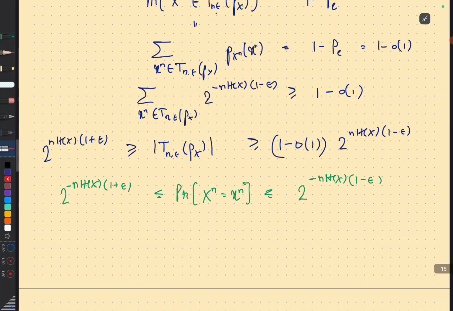And what we've also seen is that the probability of each of these sequences is also approximately the same, roughly 2 to the minus n times h of x, which means that within the typical set, all of the sequences are almost uniformly distributed. All of them have roughly the same probability, right? Same probability up to a 1 plus minus epsilon in the exponent.